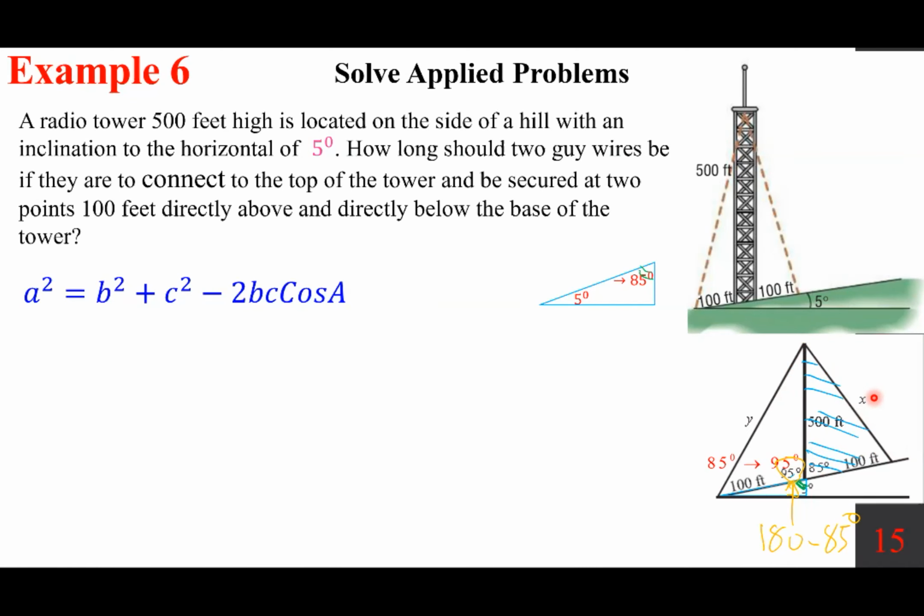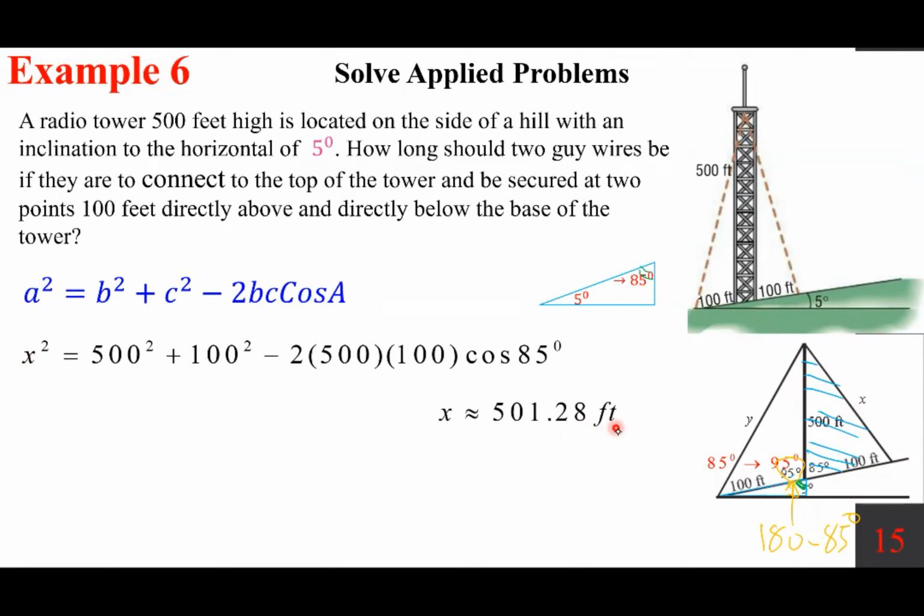Therefore, X squared is 500 squared plus 100 squared minus 2 times 500 times 100 times cosine of the included angle 85 degrees. Using a calculator, you can find X squared, you take the root and it becomes 501.28 feet. Of course, there are a couple of steps missing using a calculator.